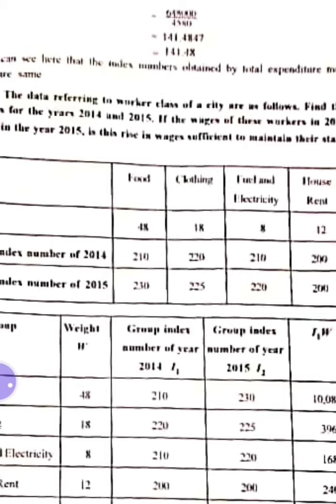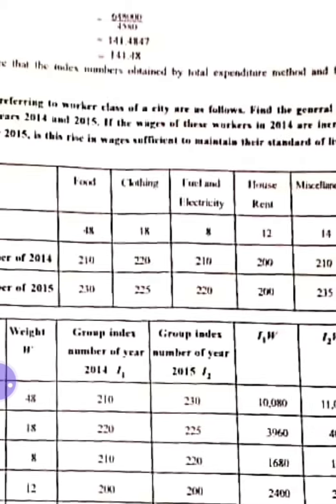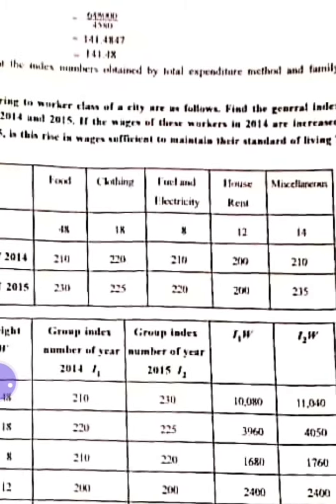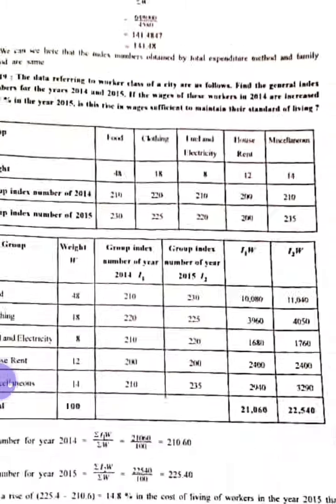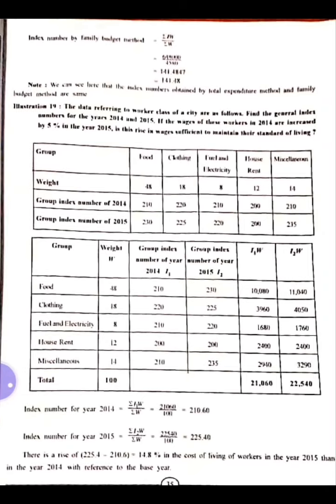Further, if the wages of these workers in 2014 are increased by 5% in 2015, is this rise in wages sufficient to maintain their standard of living? That means, if the wages are increased by 5% in the current year, would they be able to sustain? That is what we need to find out and answer.